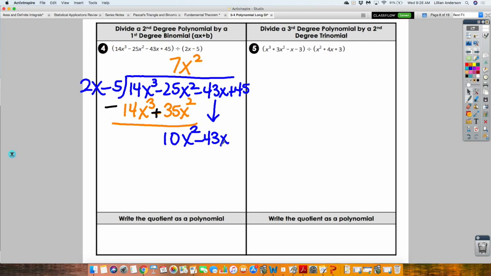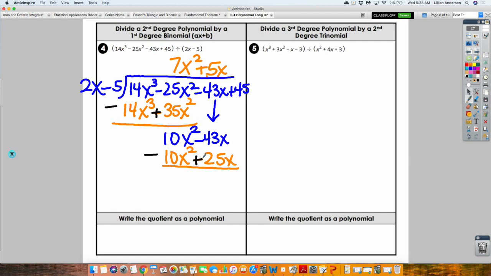And repeat. 2x times what gives me 10x squared? 5x. What's 5x times 2x? What's 5x times negative 5? Careful. Negative 25x. Watch those signs, because if we get off on our signs, it's going to change everything.